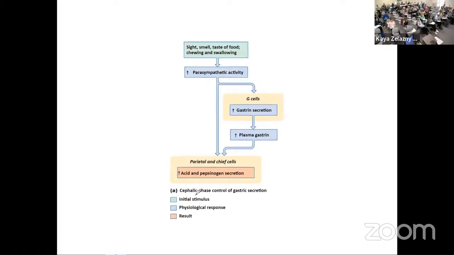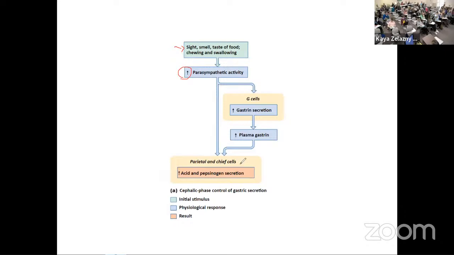So we're looking at cephalic phase control of gastric secretions. So what we have, we're seeing, smelling, tasting food, we're chewing and swallowing. This is upregulating parasympathetic activity, so that rest and digest. We're having an increase in the activity of that part of our autonomic nervous system. Okay.